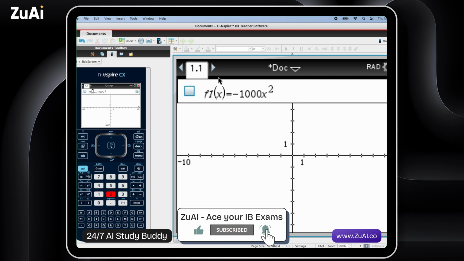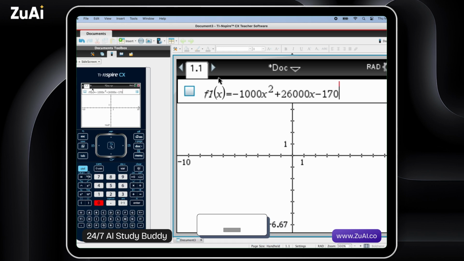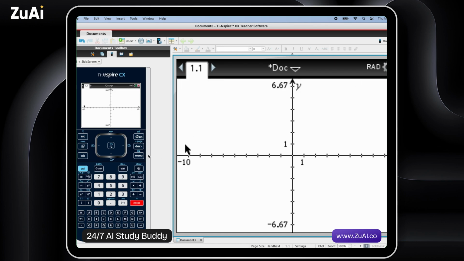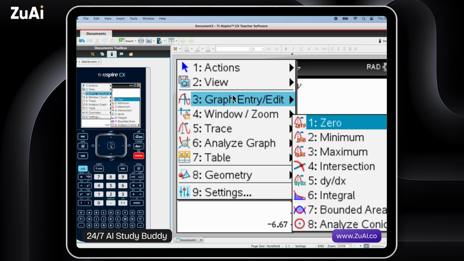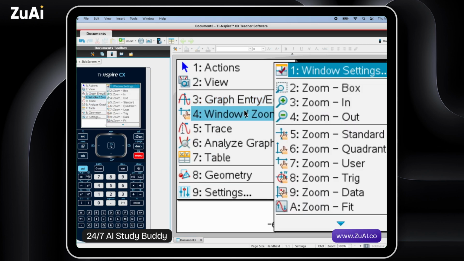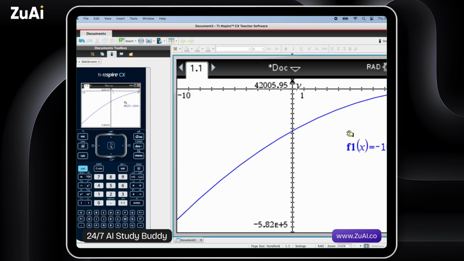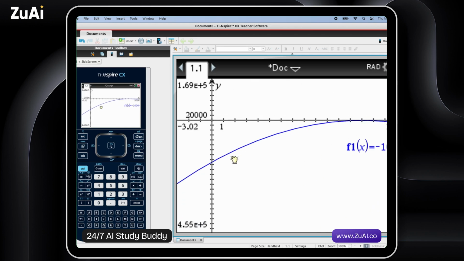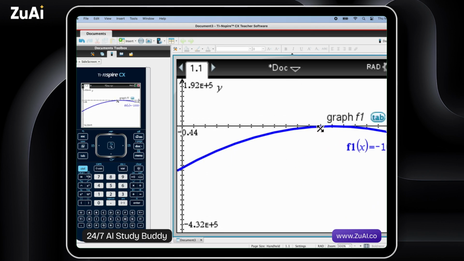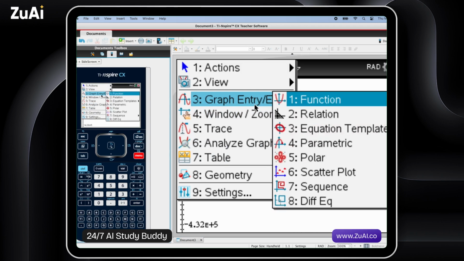Negative 1,000x squared plus 26,000x minus 170,000. Let's go ahead and hopefully zoom fit will work. That's not bad. And it just looks like potentially, I hope nothing has gone wrong, but let's see.